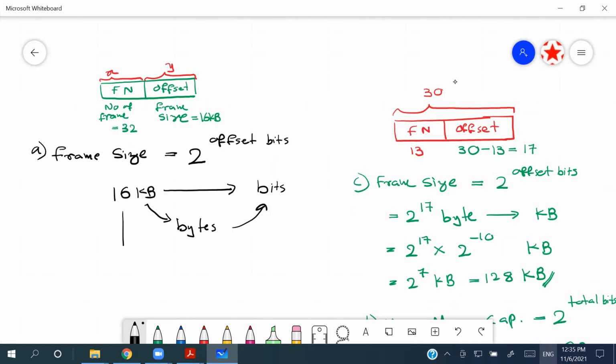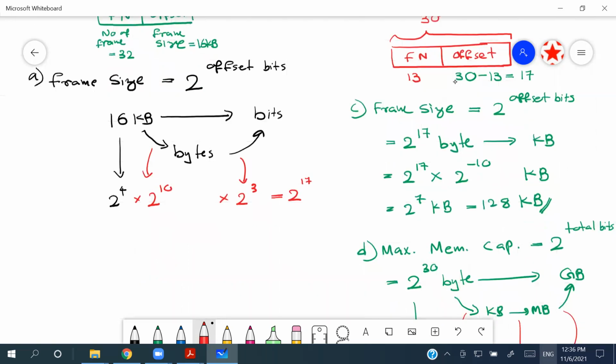So we can take 16 as 2 to the power 4. To convert kilobytes into bytes, we need 2 to the power 10. To convert bytes into bits, we need 2 to the power 3. So altogether, it is 2 to the power 17.